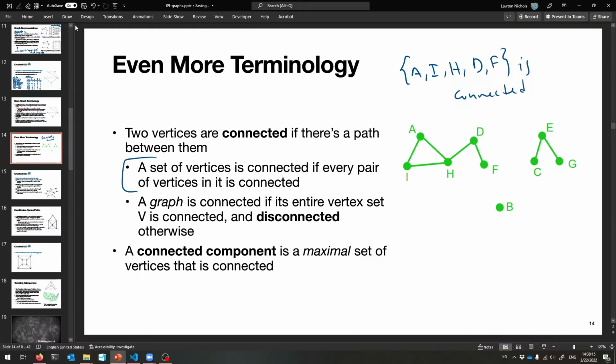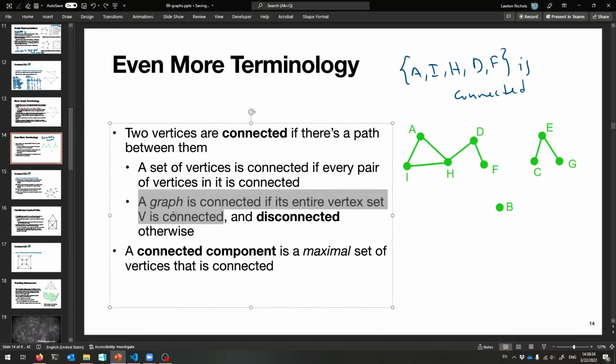We can even use that kind of terminology. A set of vertices, we say, is connected if every pair of vertices in it is connected. So everybody here, pick out any two, they're all connected. A to D is connected, F to I is connected, they're all connected to one another, okay? And then we can say that a graph itself is connected if all of its vertices are connected, and it's disconnected otherwise.